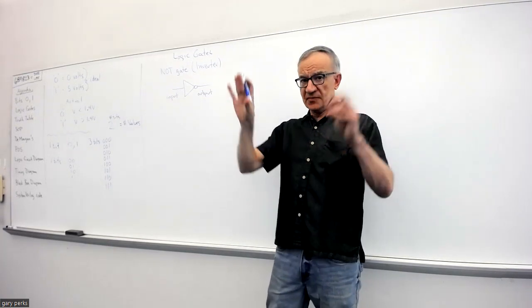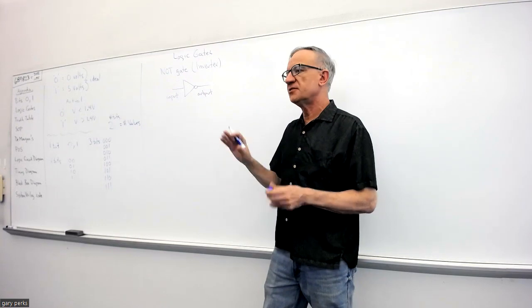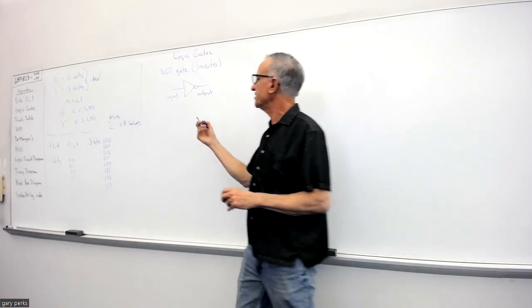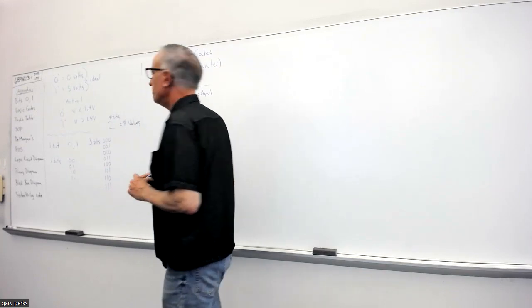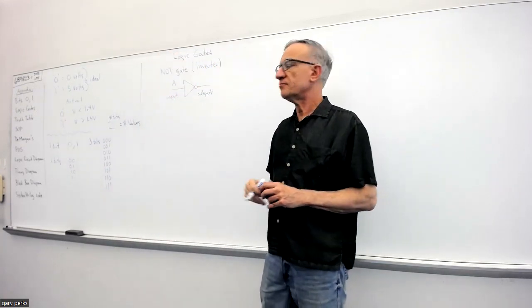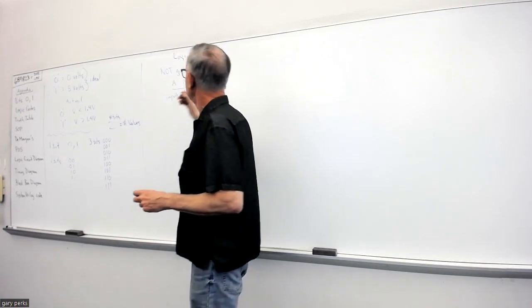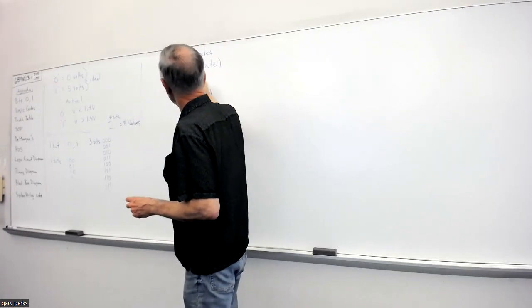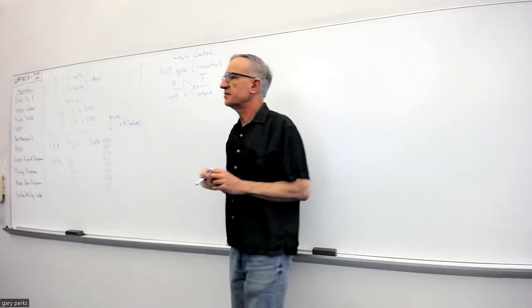We typically label inputs and outputs of digital gates with letters. So for example, I might call this input A. And the way we would express the output of an inverter is we would take whatever we call the input and put a bar over it.